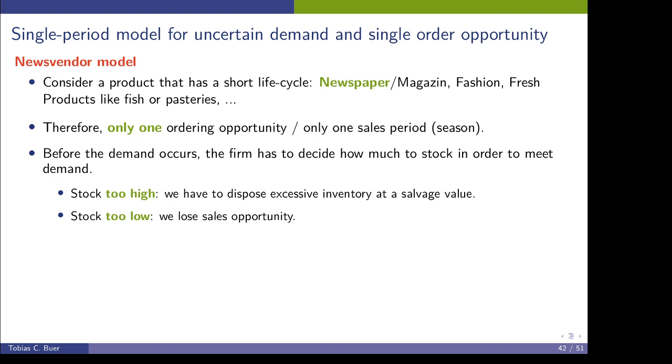Maybe we can even sell it, but typically at a very low price. In a bad situation, maybe we even have to pay to get rid of it. On the other hand, when we order too little, if our stock is too low, then we cannot fulfill the complete customer demand. We lose sales opportunities.